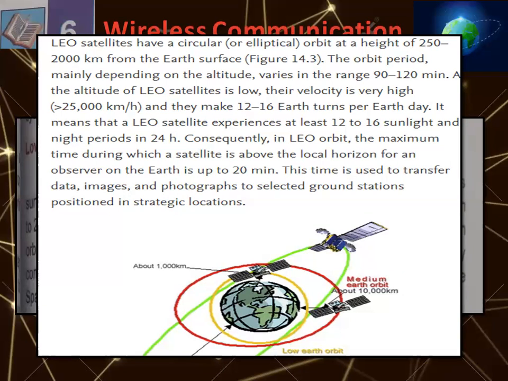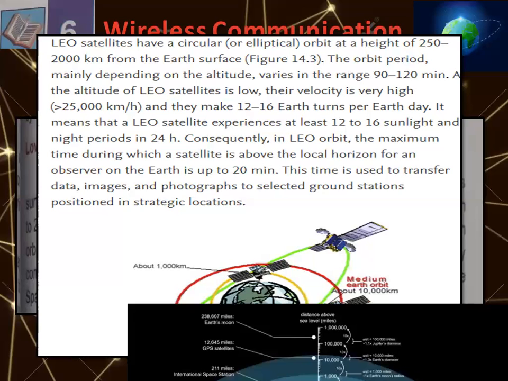Consequently, in LEO orbit, the maximum time during which a satellite is above the local horizon for an observer on the Earth is up to 20 minutes. This time is used to transfer data, images, and photographs to selected ground stations in strategic locations.